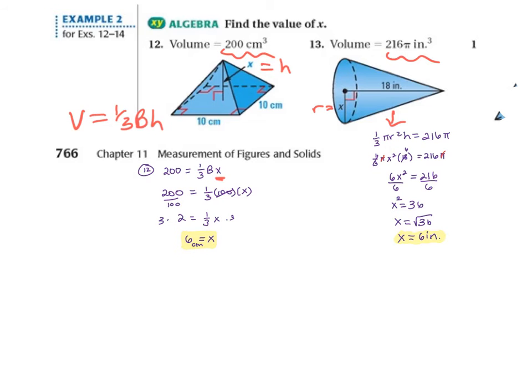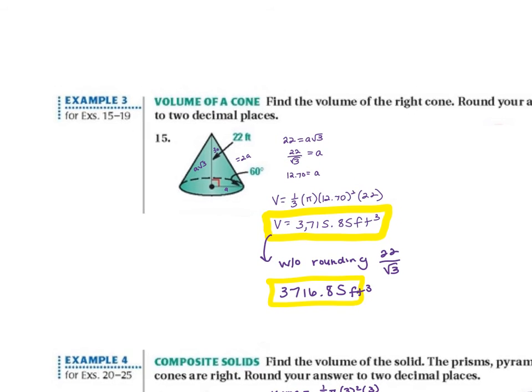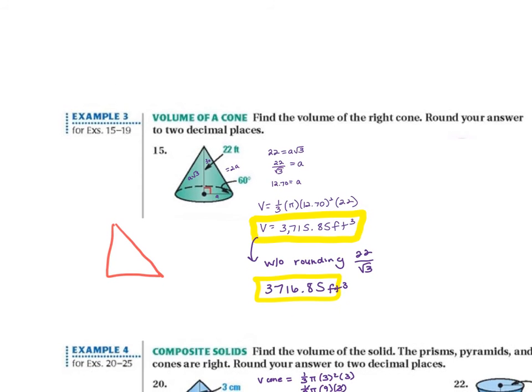Let's go to number 15. Again, it's a cone. Now, what we needed to do was pull out this triangle that's formed with the radius and the height, because we needed to find the height. So if I pull this out, I knew, let's see, what did they give us? They gave me the height, sorry, 22, and this was 60.